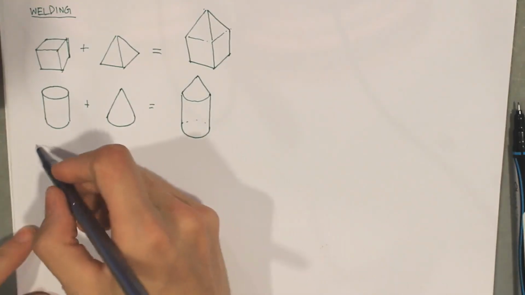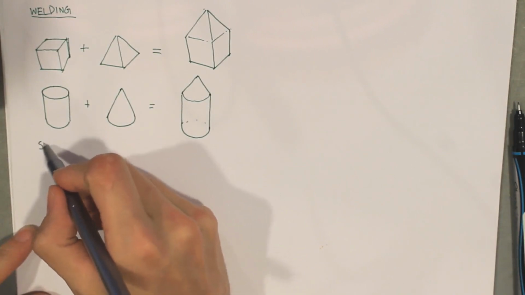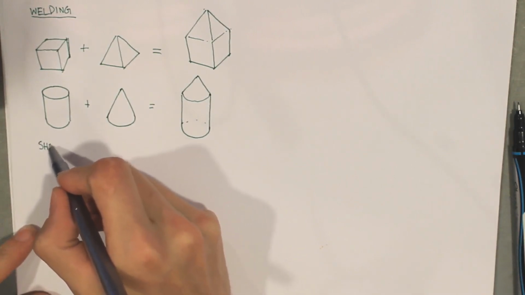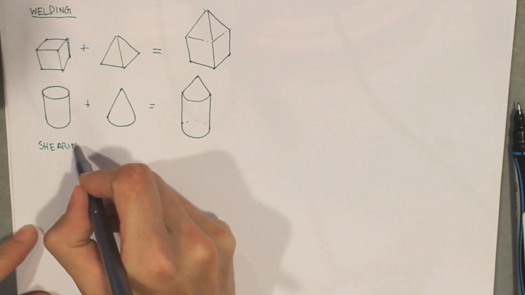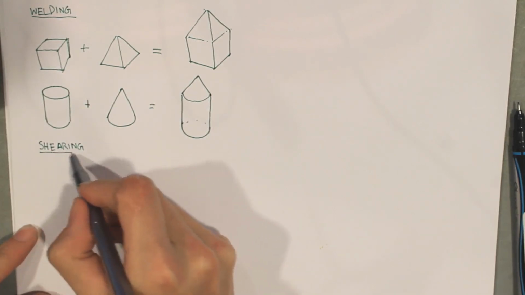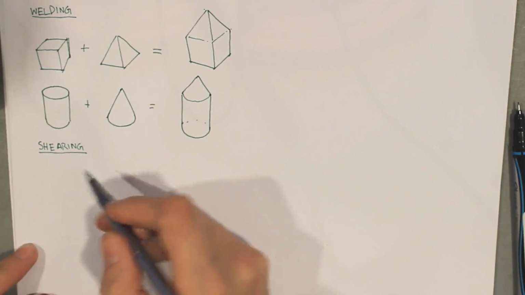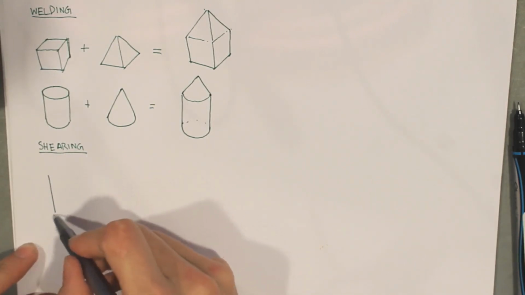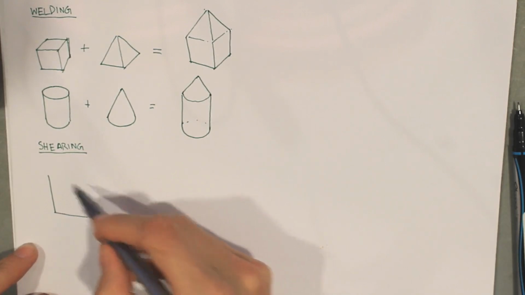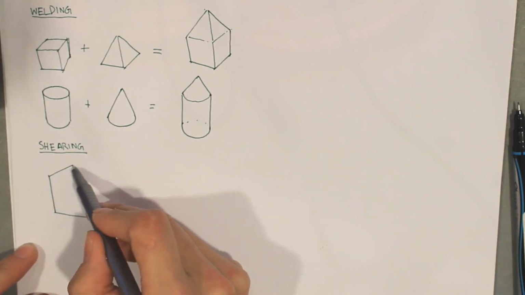Another primitive modification we can do is shearing, which is essentially slicing off a piece of our primitive form. We're going to first start by creating our primitive, in this case a cube.